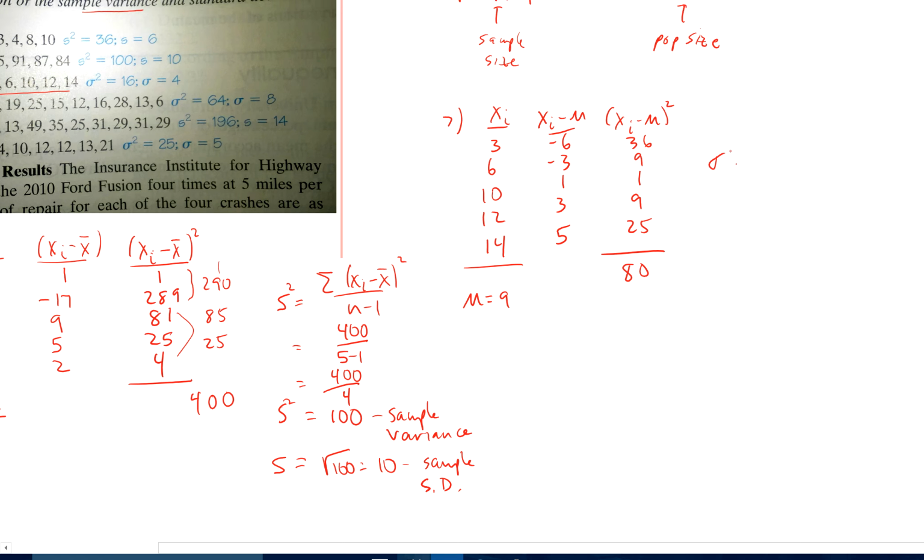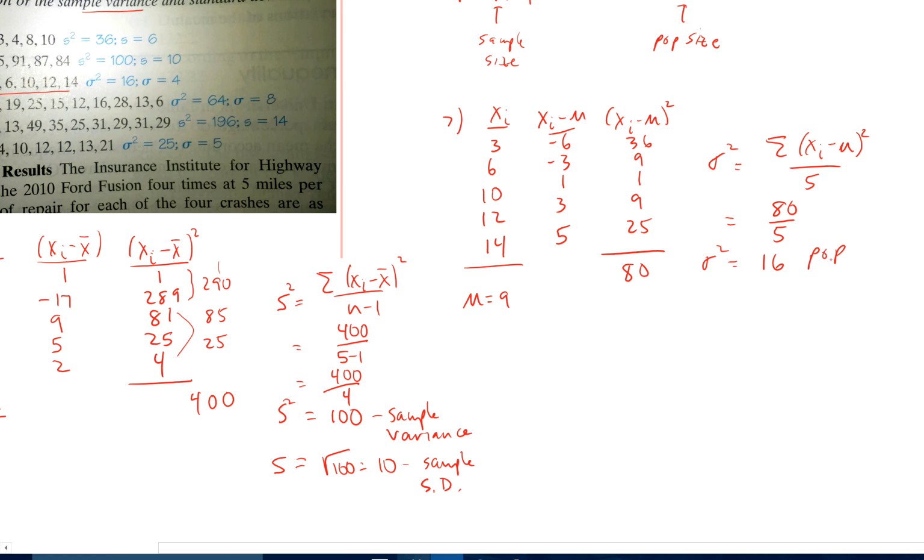So I'm going to have sigma squared is the sum of x sub i minus mu squared over n, which is 1, 2, 3, 4, 5 total pieces of data. So it's 80 divided by 5, which is 16.